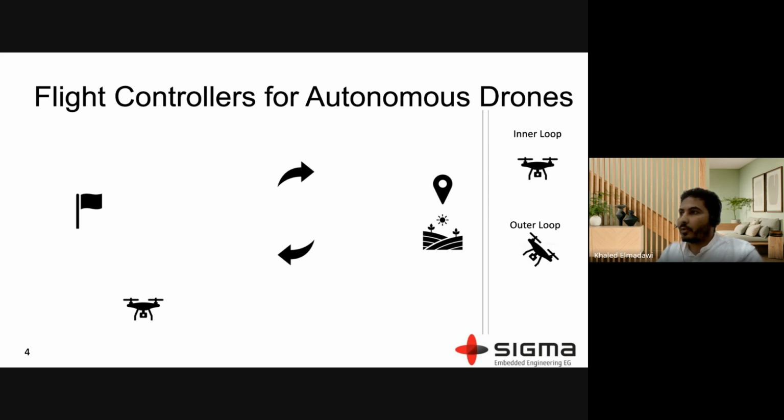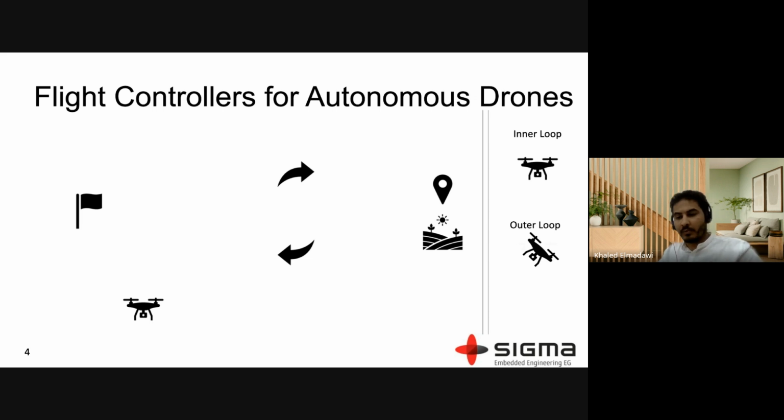The outer control loop, you can think of it as a simulated pilot, where it generates a set of commands and a set of angles that define the behavior of the vehicle itself.